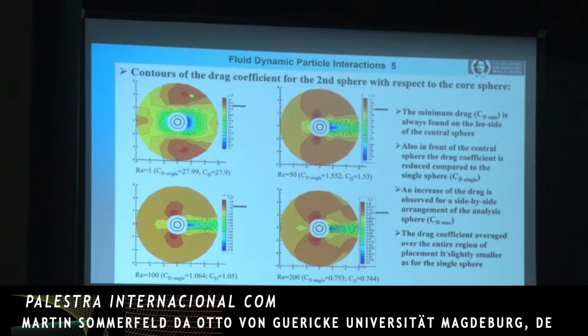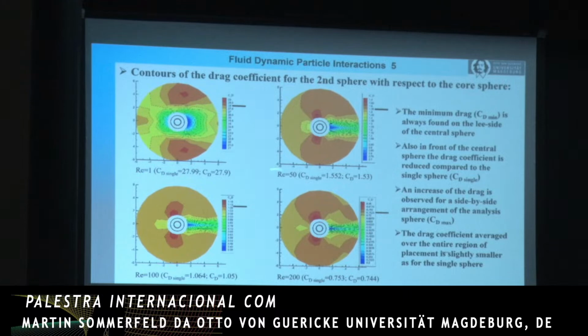And you see that the values given here are the drag coefficient of the single sphere and the average drag coefficient of the analyzer sphere, looking at all positions and all distances. So you see that the average drag is only slightly higher for the single sphere. So actually you have a slight drag reduction for the second analyzer sphere.